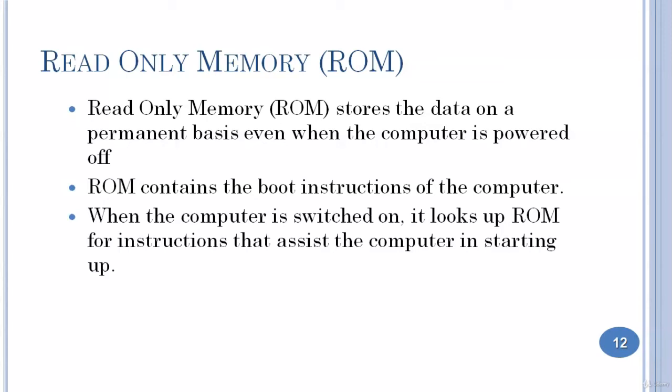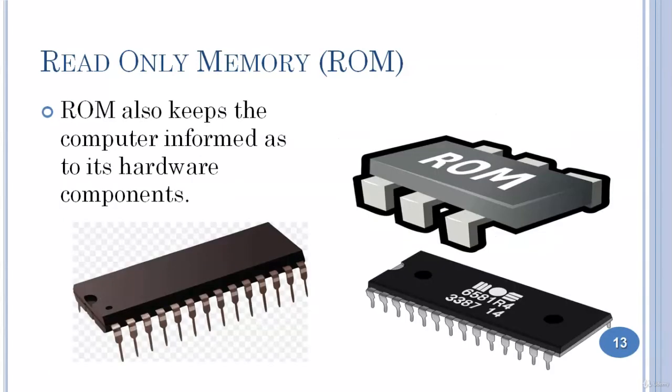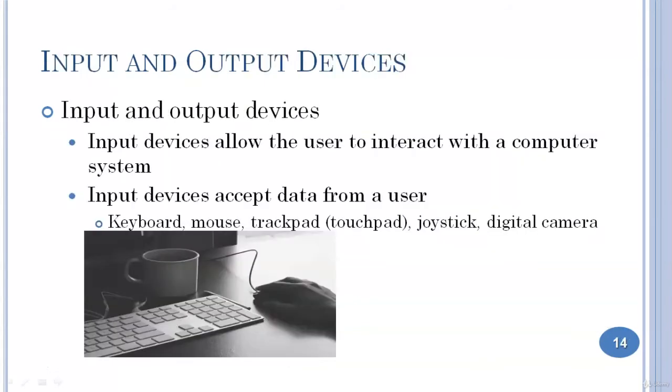Now when you switch on your computer, the computer looks up read-only memory for instructions that help the computer in starting up. ROM also keeps the computer informed as to its various hardware components.